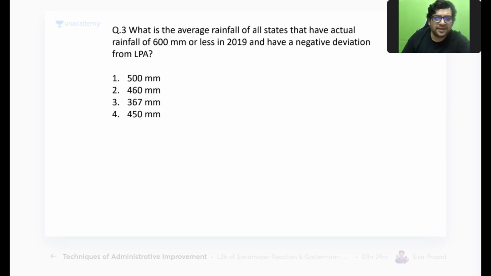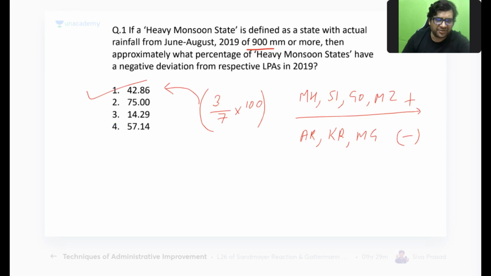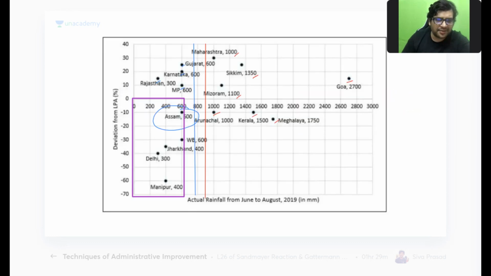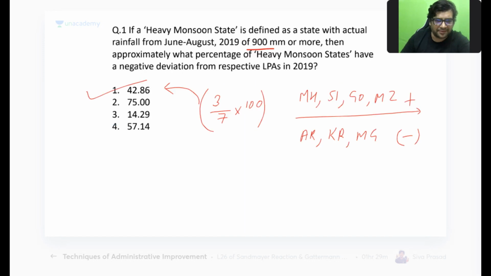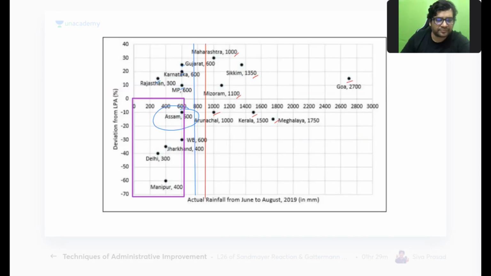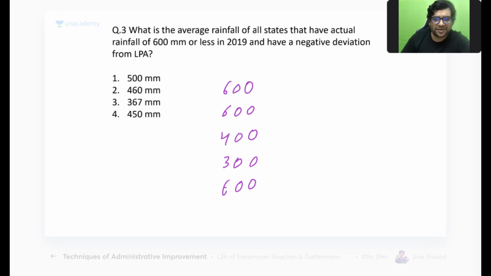So this means, and I need the average. So what are the values? 600, 600, 400, 300, 600. All of these values are okay. So what is my average? 1200, 1800, 1800 and 700.